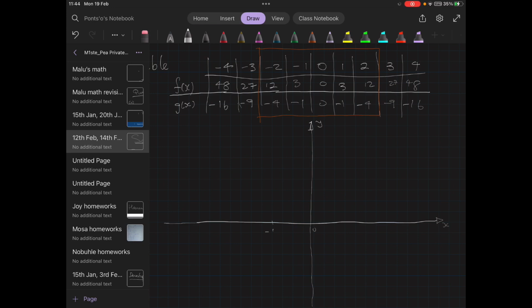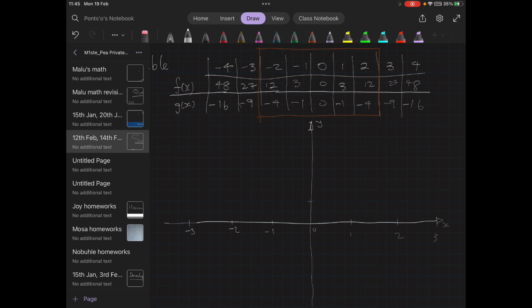So negative 1, negative 2, negative 3, 1, 2, and somewhere there is 3. Right. So for f of x, from x equals negative 2 to x equals 2, the highest value we have is 12.